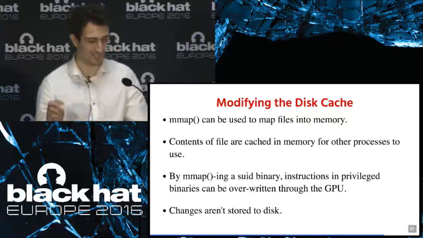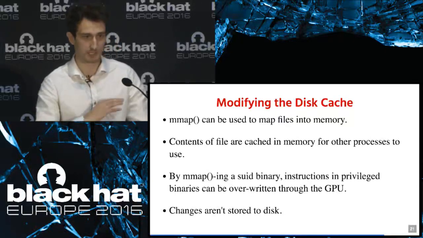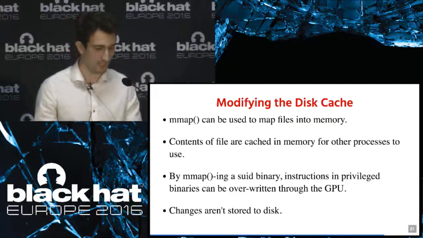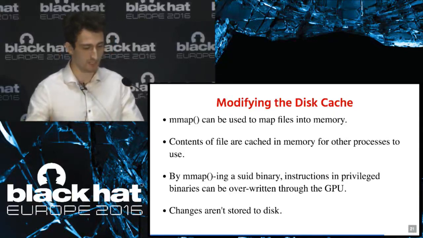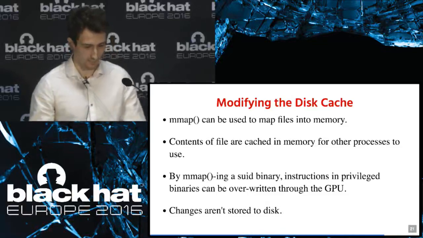This is awesome because it allows us to effectively replace any SUID binary that we can read, and put whatever instructions we want into it. Last thing to note is that changes aren't actually stored to disk. They're only cached in memory. So once the device reboots, the changes are gone. But yeah, that's basically the vulnerability.